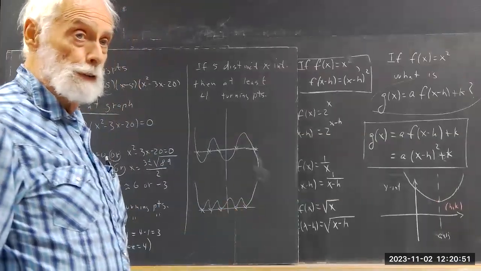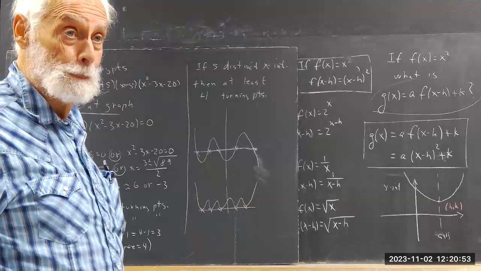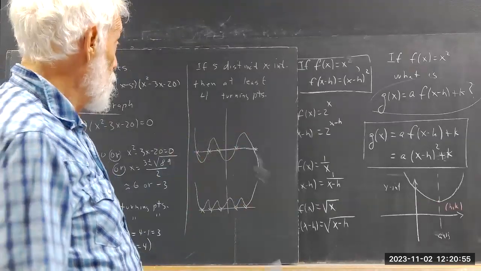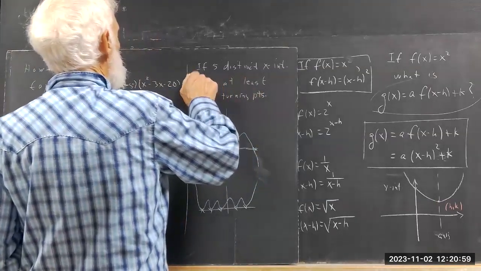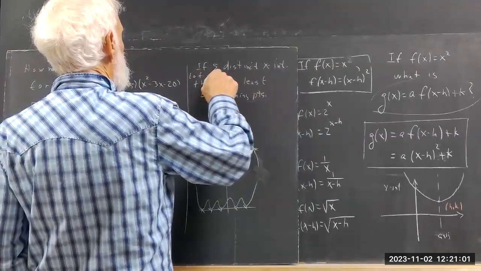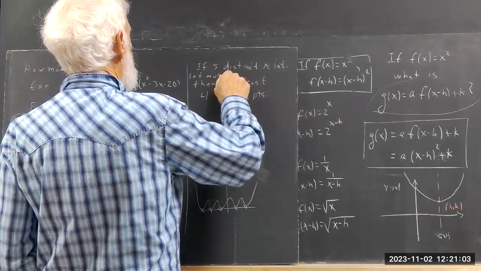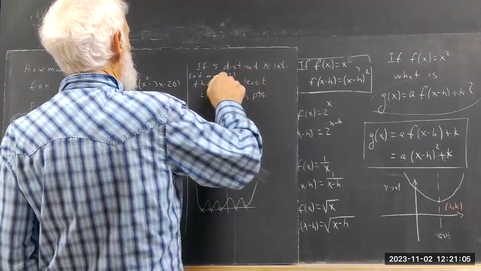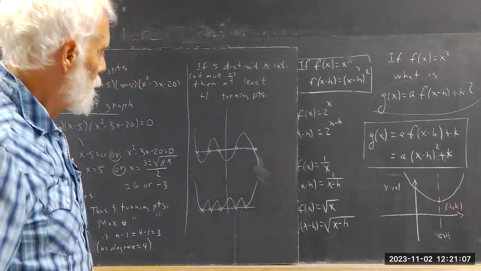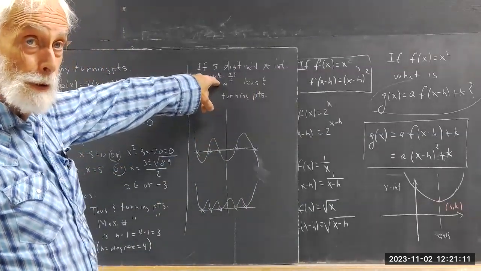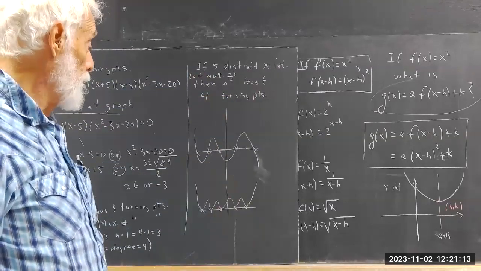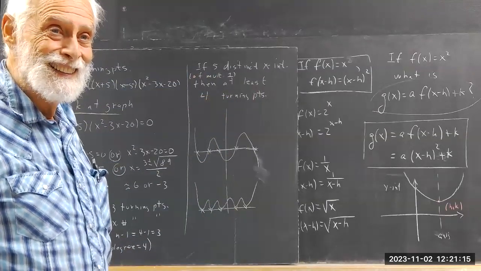That's 4 distinct x-intercepts, but they all have multiplicity 2. So I need to rephrase that. Of multiplicity 1. So if that didn't have the caveat, they have multiplicity 1, you could just draw this graph and say, ha, you're wrong.